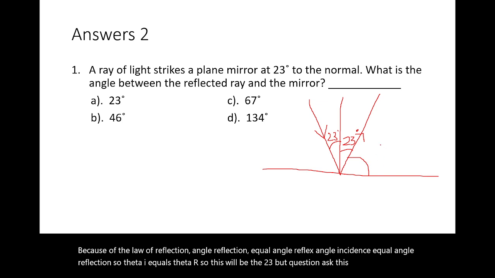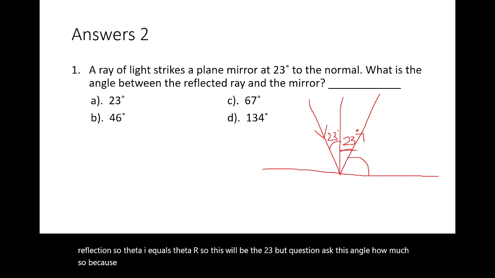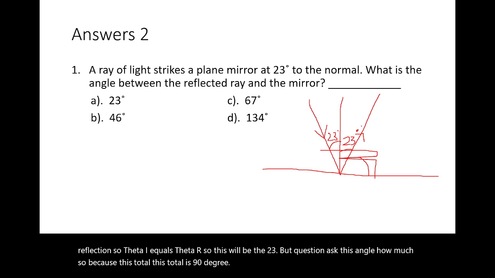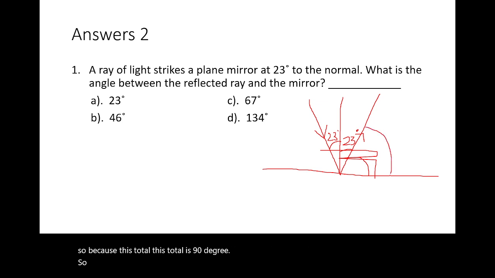Because this total is 90 degrees, this will be 90 minus 23. So the answer will be 67.